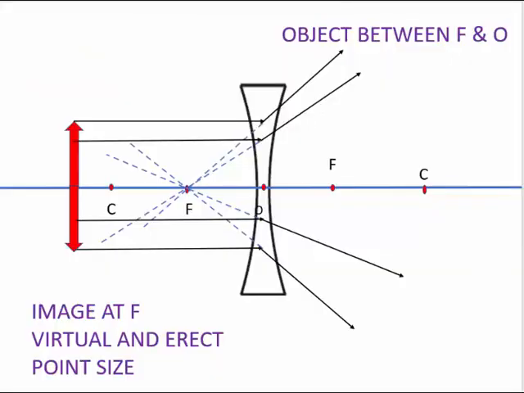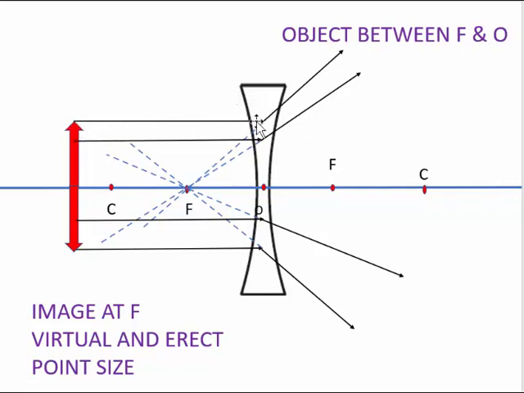Let us look at the concave lens also. In case of a concave lens, if we place the object at infinity, like what I have shown here, and let's say that from the object there are many rays coming out, but we will consider only a few rays for ease of understanding. Let's say this is the first ray which comes out, which will go parallel to the principal axis.